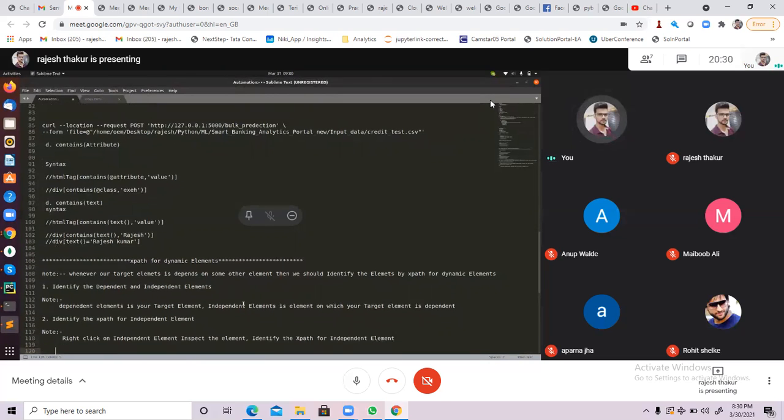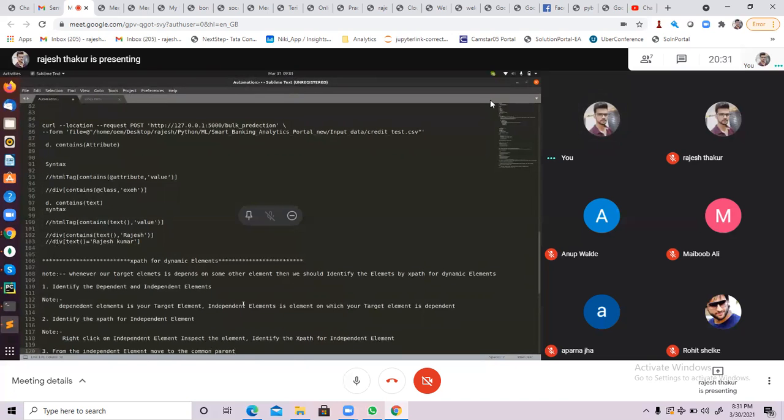Third point, I will implement this thing practically, don't worry. Third number, from the independent element, move to the common element, or common parent, you can say.